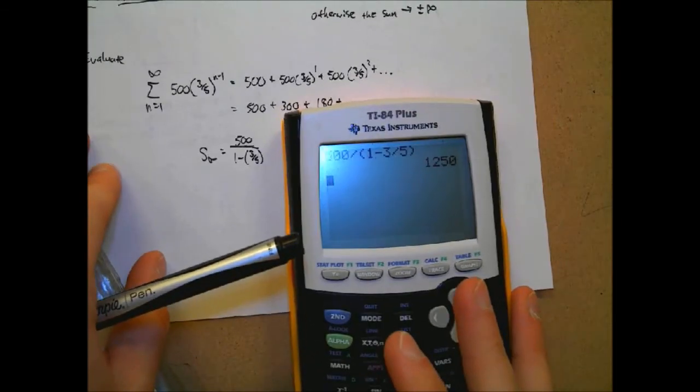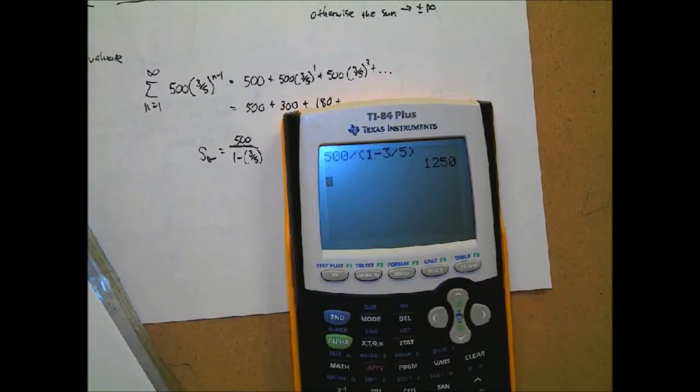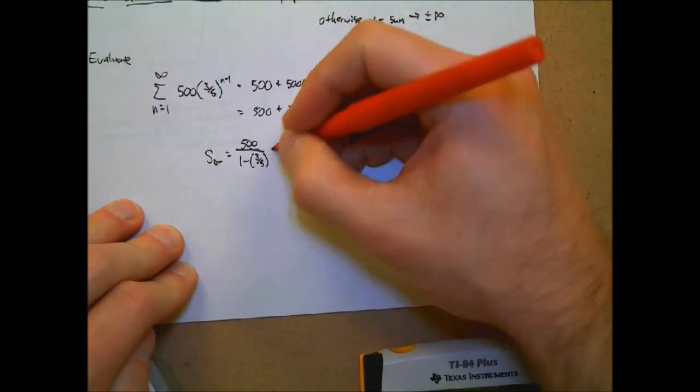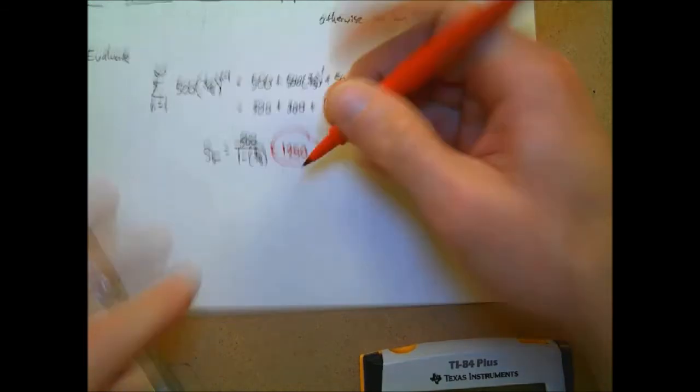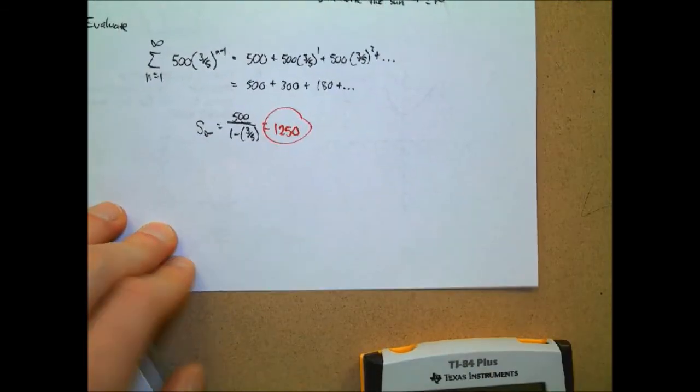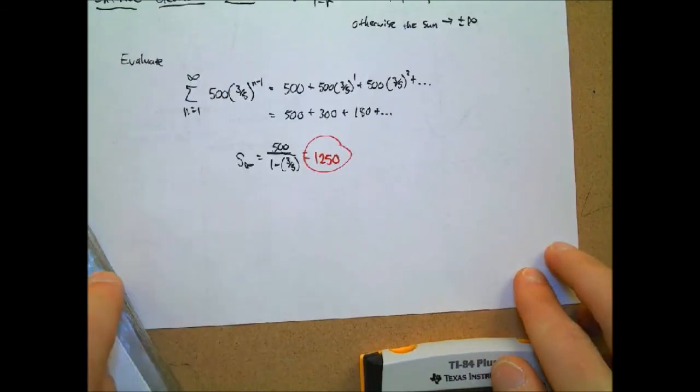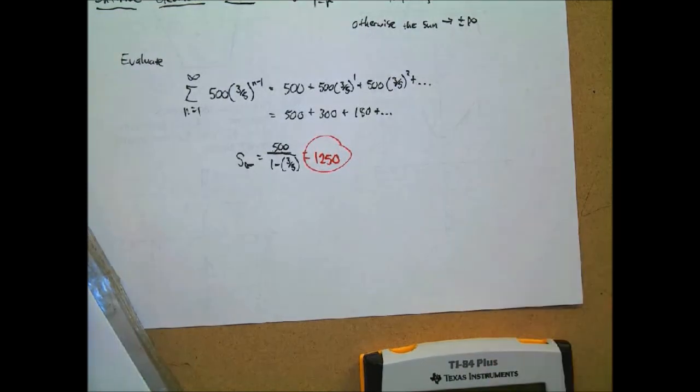At bare minimum, you want to write something like that, and your calculator will be okay with that. So the answer here is 1,250. The sum of this infinite number of things, starting at 500, is 1,250.